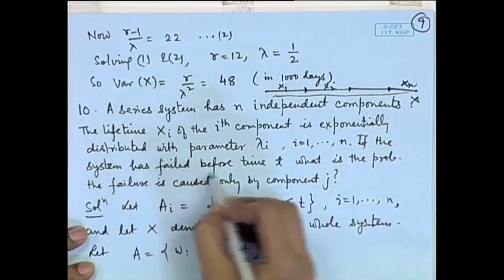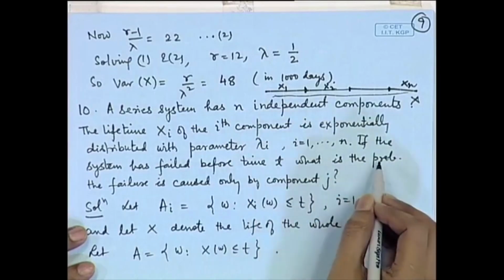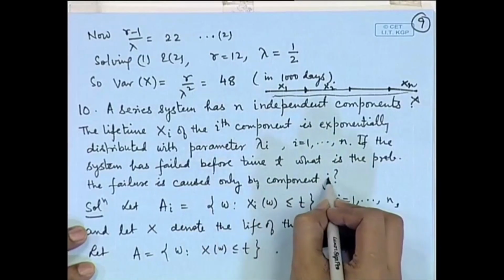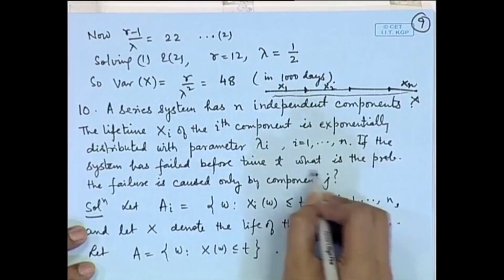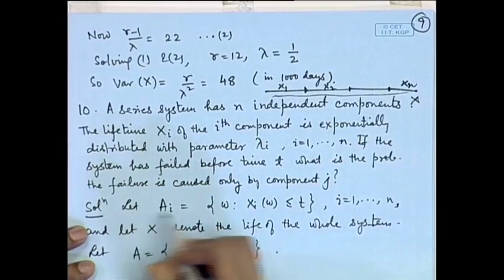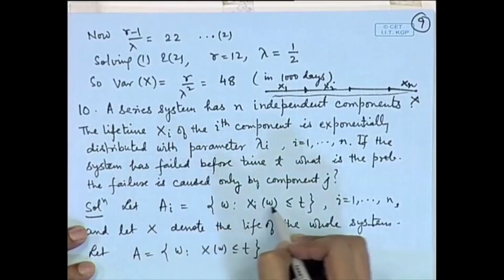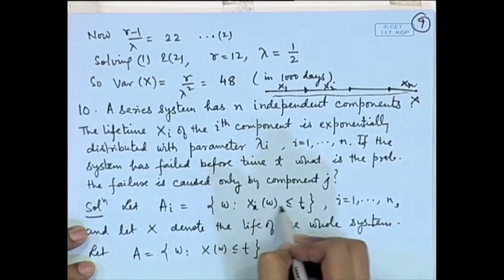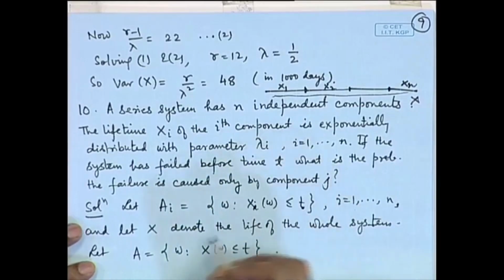If the system has failed before time t, what is the probability that the failure is caused only by component j? Basically, we consider it as a weak link. Let A_i denote the event that the ith component fails before time t, so X_i(omega) is less than or equal to t.